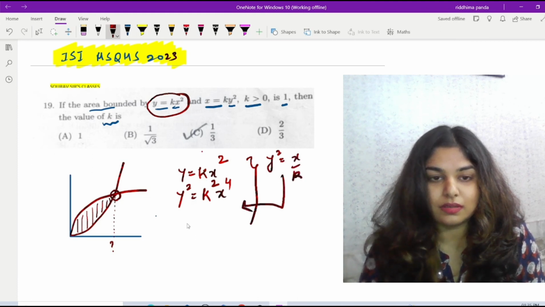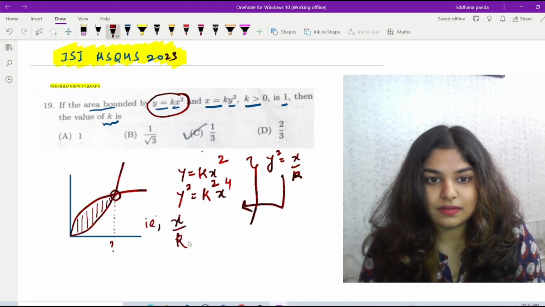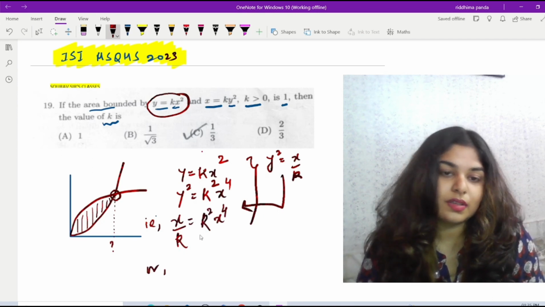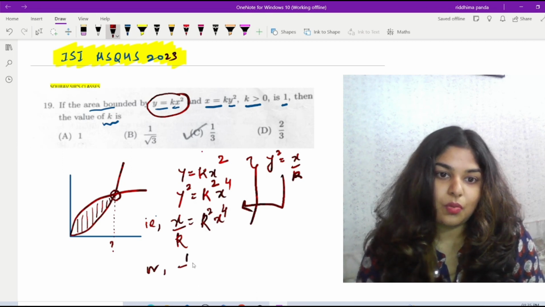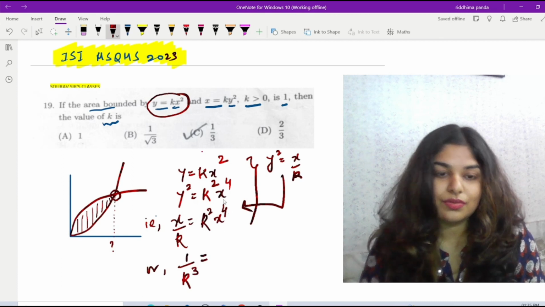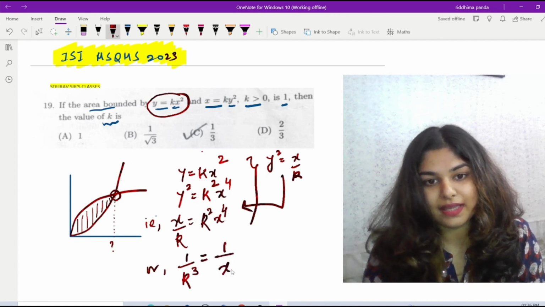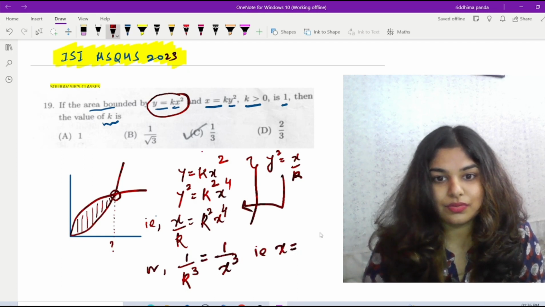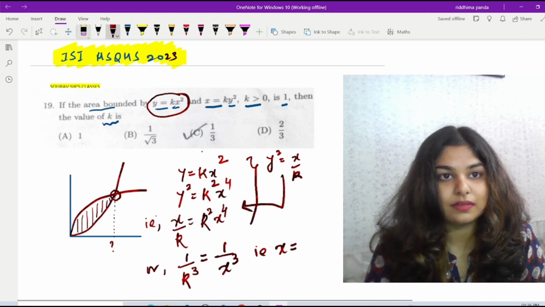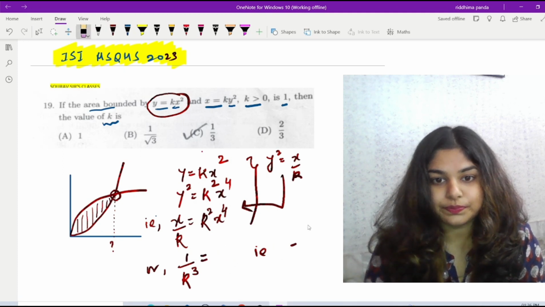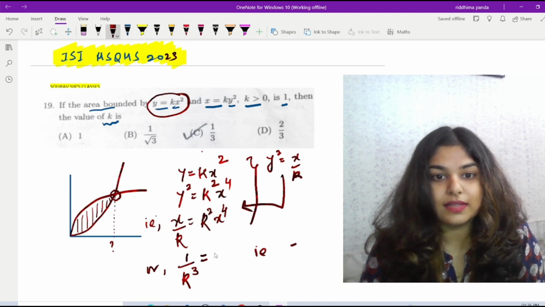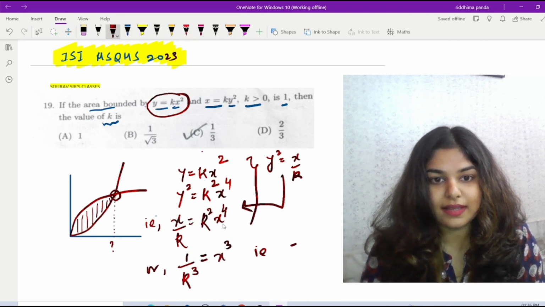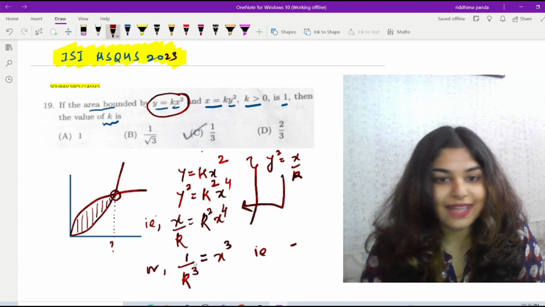So I can substitute it here: these two are equal means x/k = k²x⁴, or 1/k³ = x³, since x⁴ by x is x³.